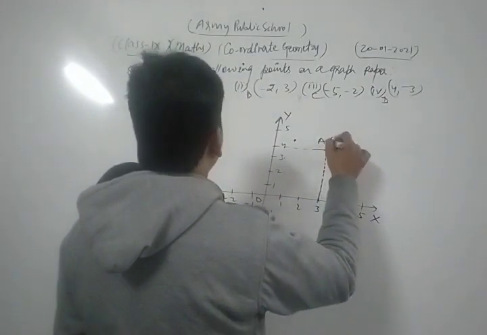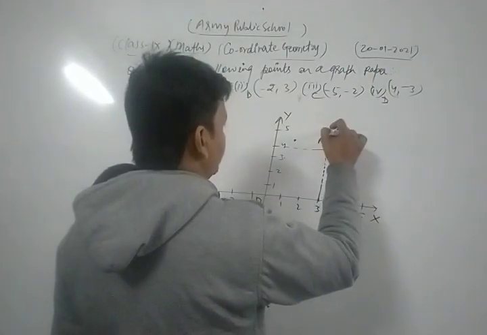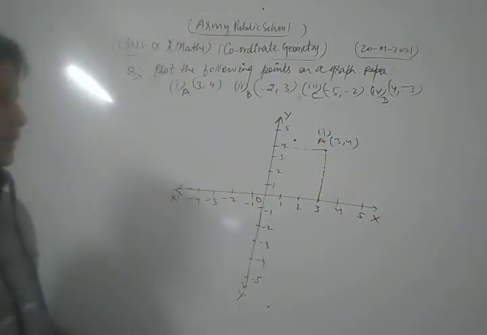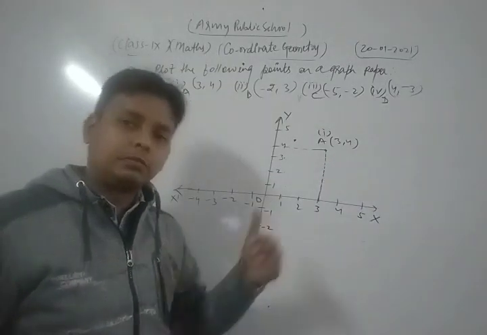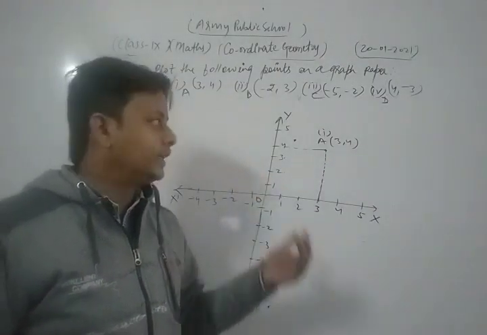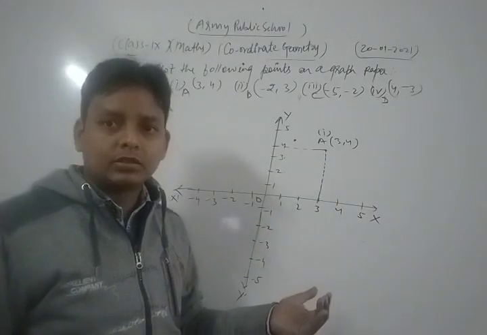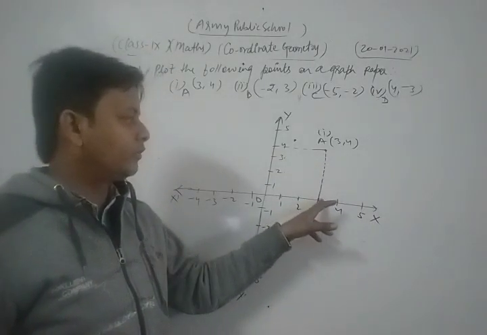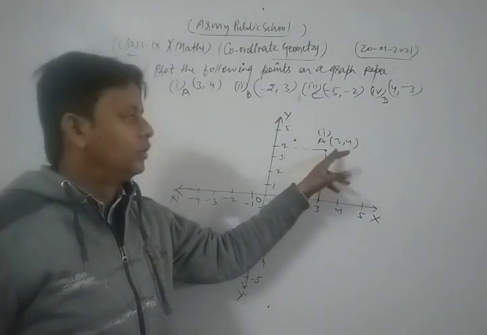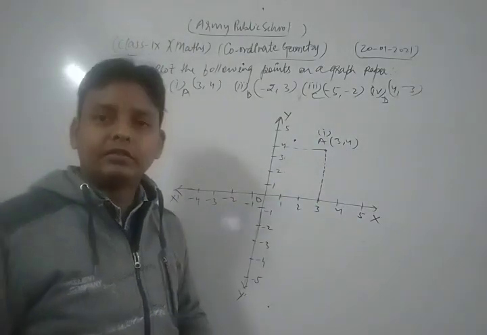So here the point A (3, 4) lies in that place. Abscissa is positive and ordinate is positive, so the point (3, 4) lies in the first quadrant. We go through 3 along the abscissa, and from there go 4 upward. So here the required point (3, 4) is located.